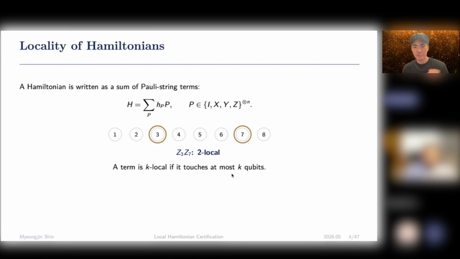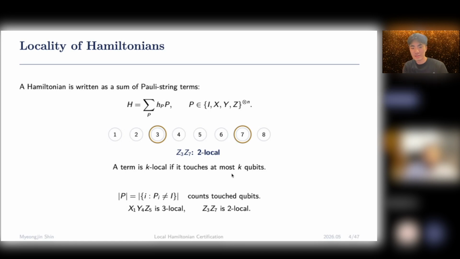Then what do we mean by local? Let's just look at a single Pauli term. If the Pauli term is represented as Z3 Z7, then it is called 2-local. A term is k-local when it only touches at most k qubits.